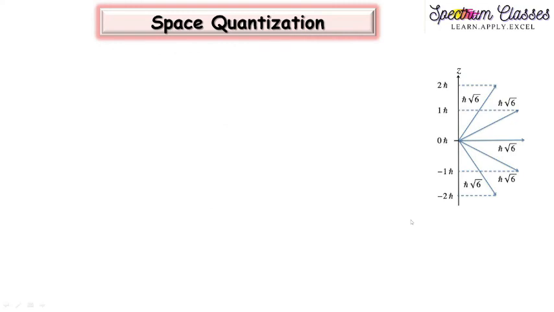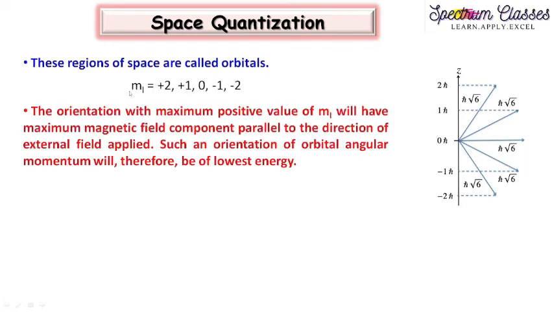Therefore, we are having these values. Now the important points which I am going to summarize here. These regions of space are called orbitals. For L equal to 2, it is known as d orbital. The orientation with maximum positive value of ml will have maximum magnetic field component parallel to the direction of the magnetic field.